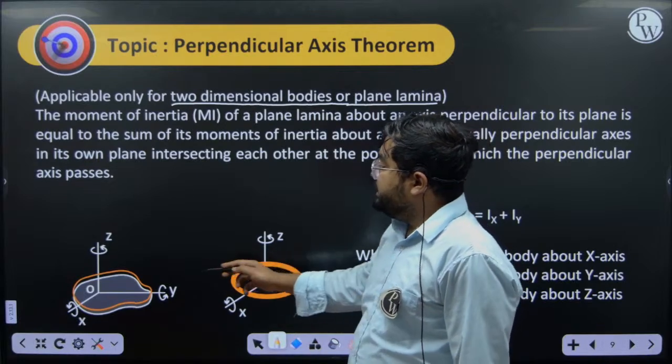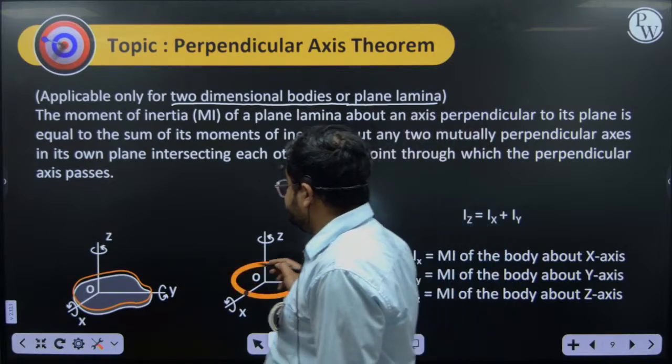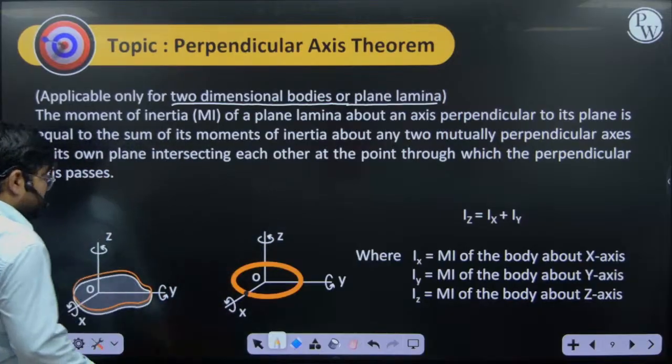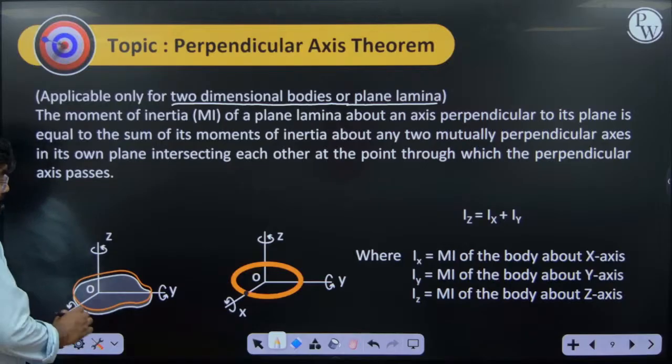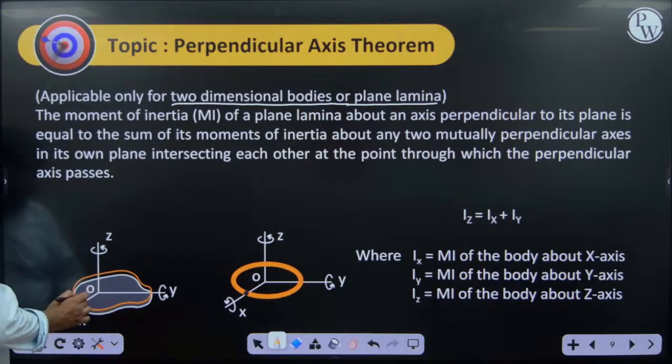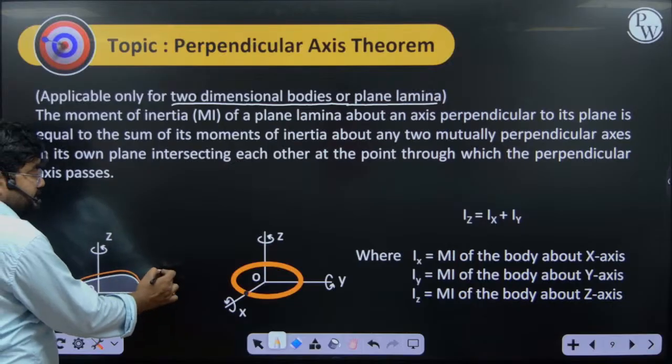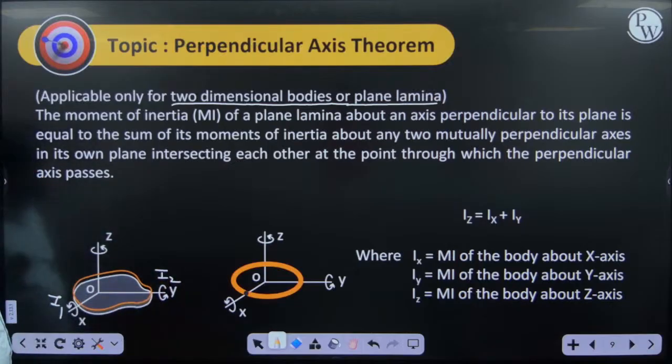Now, suppose we have a body, which you can see here, and let's say X and Y are two axes within the plane of the body. Let the moment of inertia about the X axis be I1, and about the Y axis be I2. Again, the x and y axes are in the plane of the body.